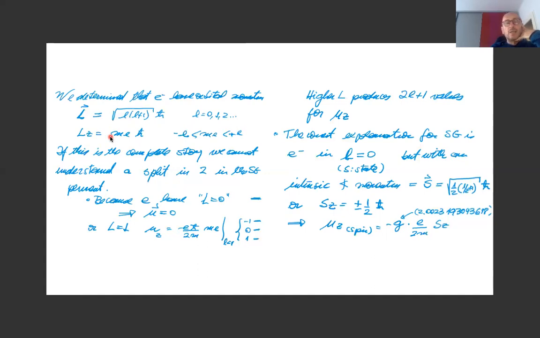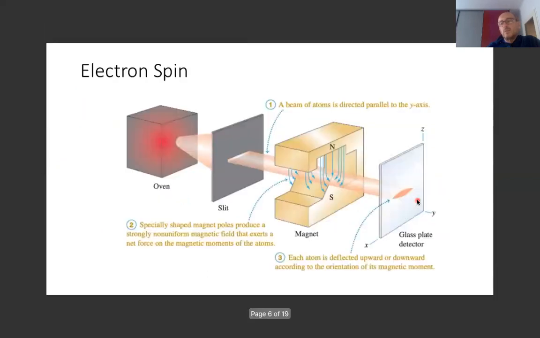So this is how they came up with an explanation that the electrons, in addition to the orbital angular momentum they have around the nucleus, have an intrinsic angular momentum that has two components of the spin. That's why we call it spin up or spin down, which could have a spin equal to plus or minus a half h bar. And this is what is consistent with the results of this experiment.